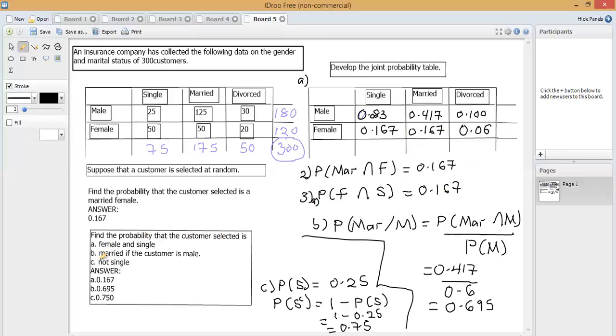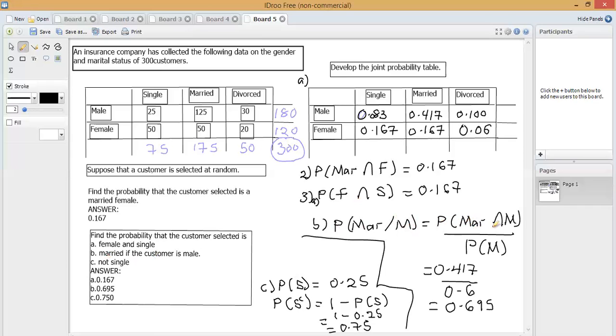Let's come to B. Married if the customer is male. This is conditional. So we are finding probability of married given that the person is male. So it's going to be probability of married intersection male, all over probability of male.